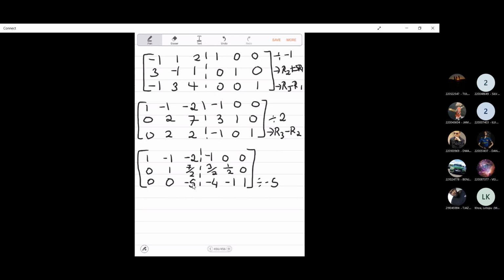Okay, let's just do that one. So we have 1, minus 1, minus 2. Okay, I think here we could add these 2 rows over here. So if I say row 1 plus row 2, then our work will be faster.